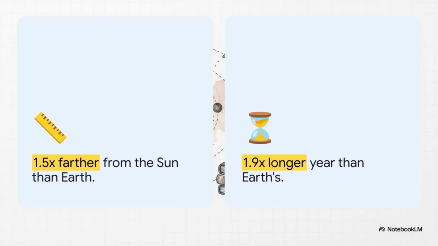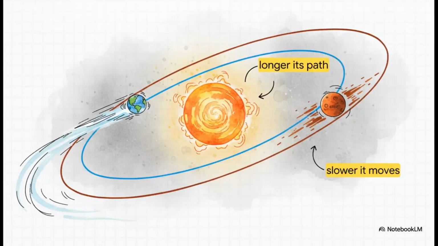The effect of distance on time is actually amplified. And this brilliantly illustrates a core principle of orbital mechanics. A planet that's farther from the Sun doesn't just have a longer path to travel, it also moves more slowly along that path. You see, gravity's influence weakens with distance, and that results in a lower orbital velocity. This is the physical reality that Kepler's third law so perfectly describes.